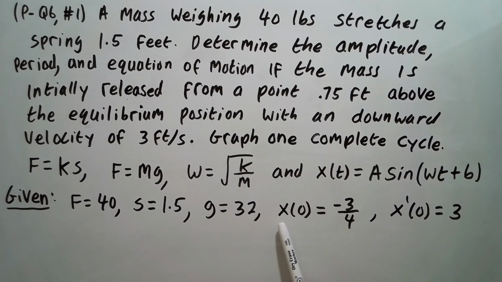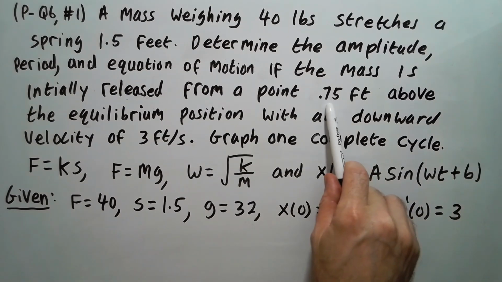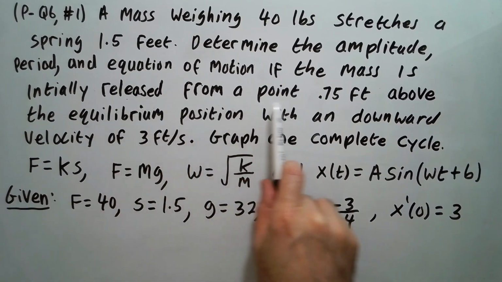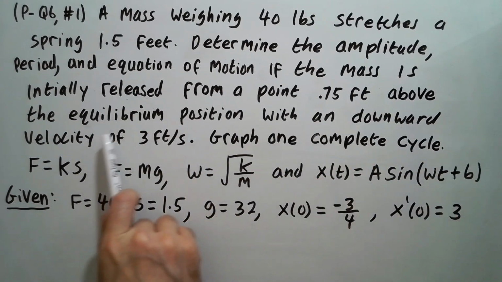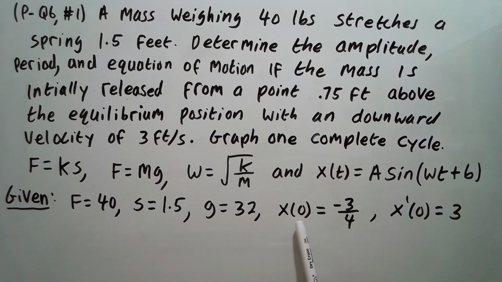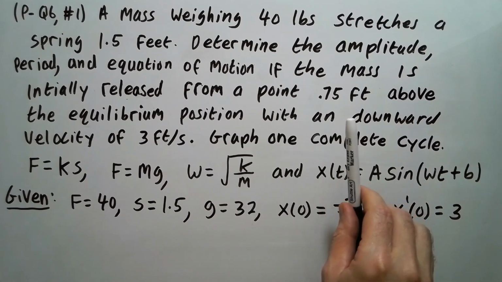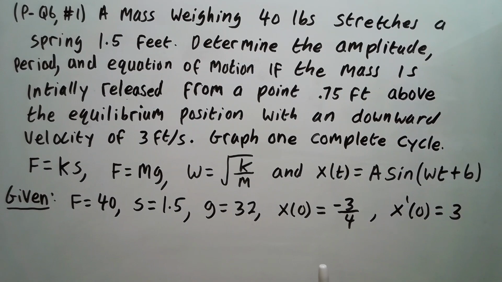And then the position at time 0, it says it's initially released from a point 0.75 feet above the equilibrium. And recall from last video, the way we're defining things here is where up is considered negative and down is considered positive.